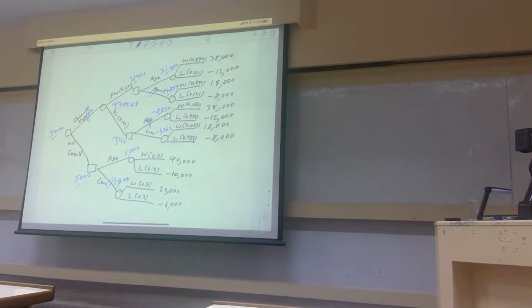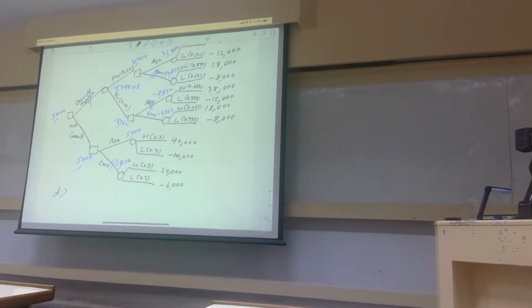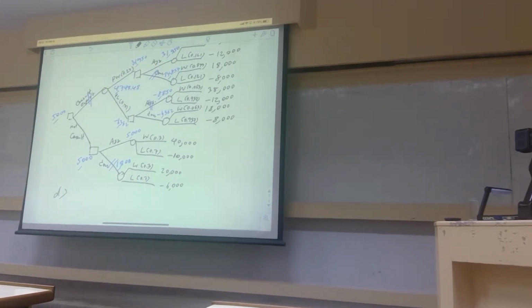For question D, it asks how much the expert is worth to the attorney. So actually it's about the value of information from the expert, right? The value of information from the expert is called the sample information.